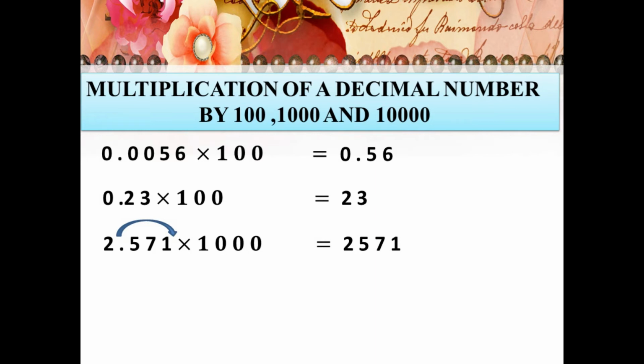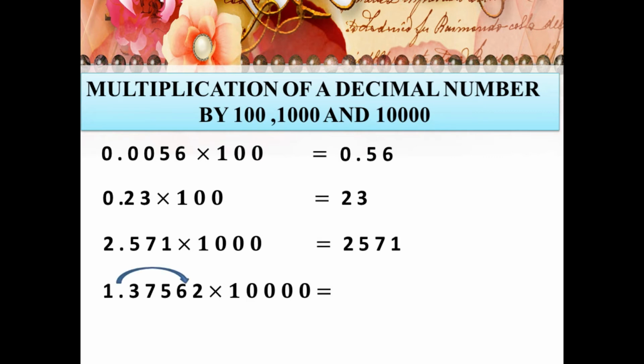So, the answer is 2571. Next question is 1.37562 into 10,000. 10,000 has four zeros. So, the decimal point moves four places to the right. So, the answer is 13,756.2.